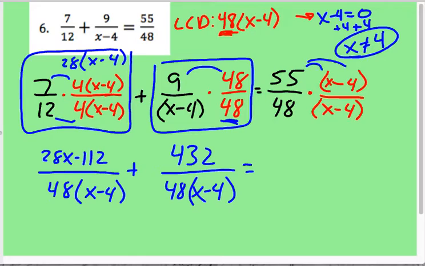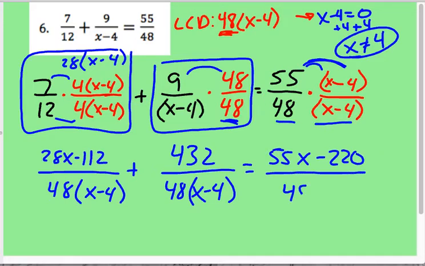Distributing the numerator here, 55 times x is 55x, and then 55 times the negative 4, that's negative 220, all over the 48 times the x minus 4. Okay.